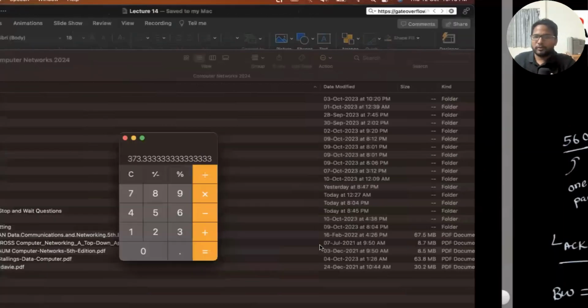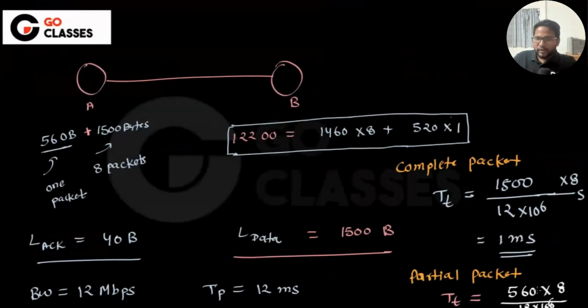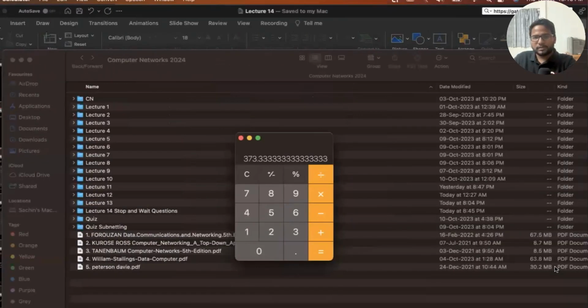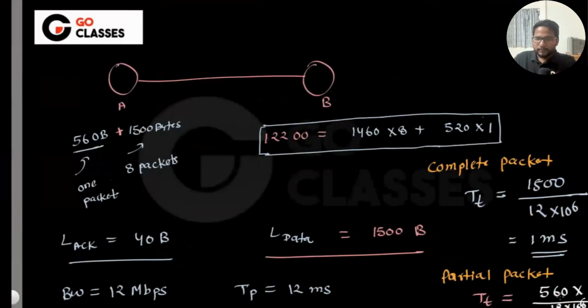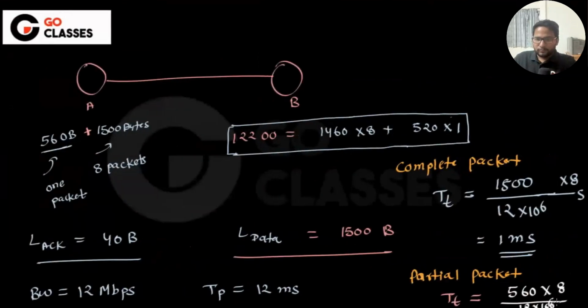No, that's not a good number, right? Okay. So 560 into 8 divided by 12 is coming out to be 373.33. So let's just keep this number as it is. We will solve it later if required.